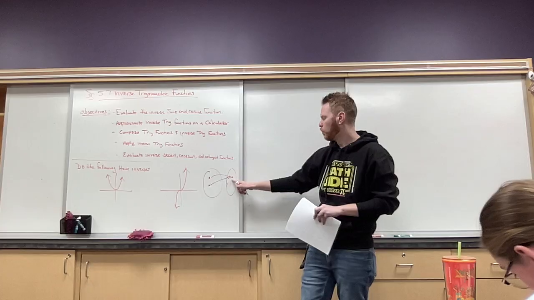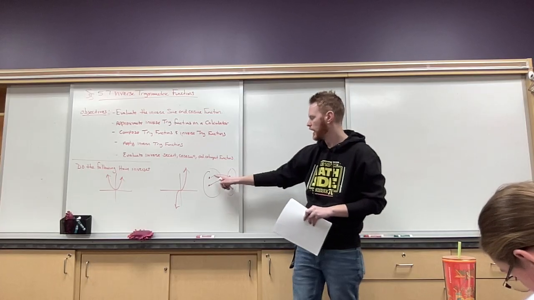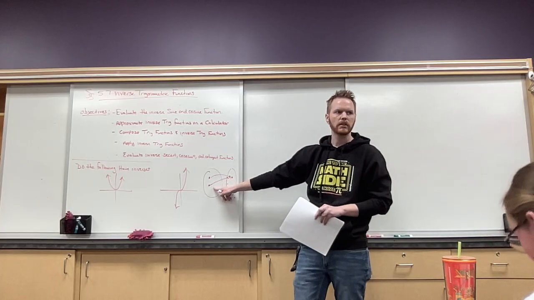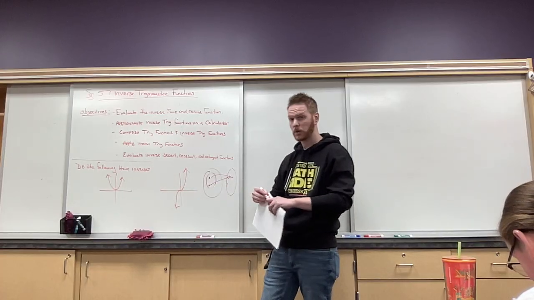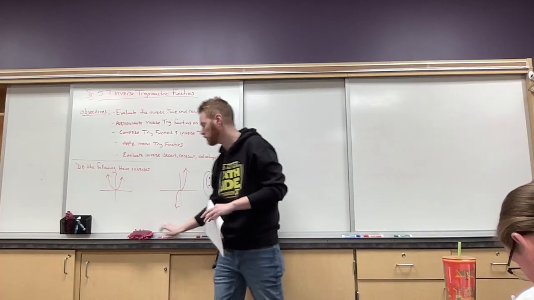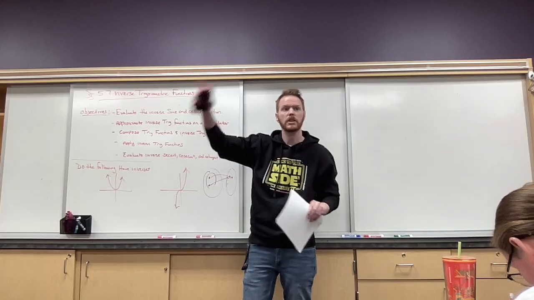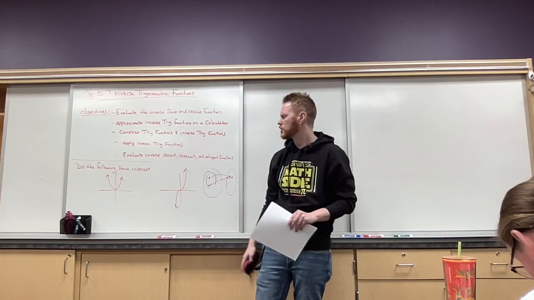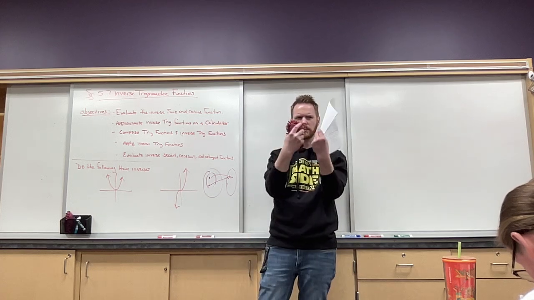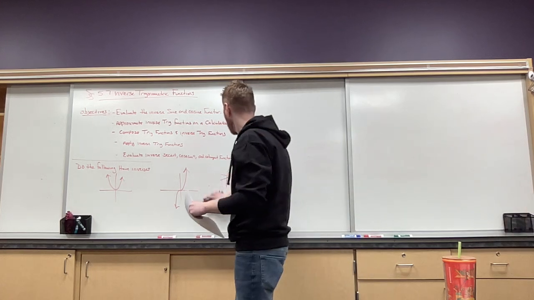They allow you to figure out what x value gave me this. Well, if I have two of them, which one do I pick, right? So again, we have to restrict the domain to avoid that kind of situation. And we're going to do that with trig today, okay? We know that trig is periodic, right? It just keeps recycling. For sine and cosine, it's like every 2 pi, and you see those values over and over again. So we're going to have to restrict some things to make them have inverses.